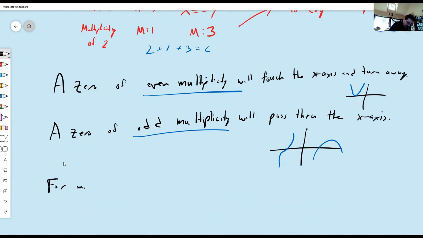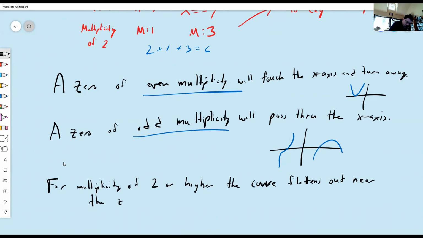For multiplicity of 2 or higher, the curve flattens out near the 0.